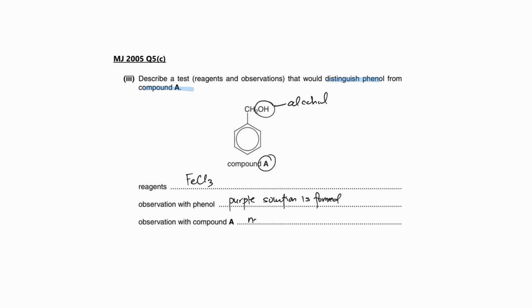There will be no reaction with alcohol. Besides this, we could also make use of PCl5 or SOCl2. PCl5 and SOCl2 will react with alcohol, and the observation will be steamy white fumes. There will be no reaction for phenol.